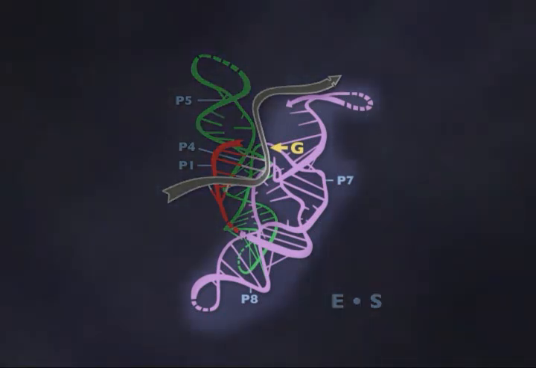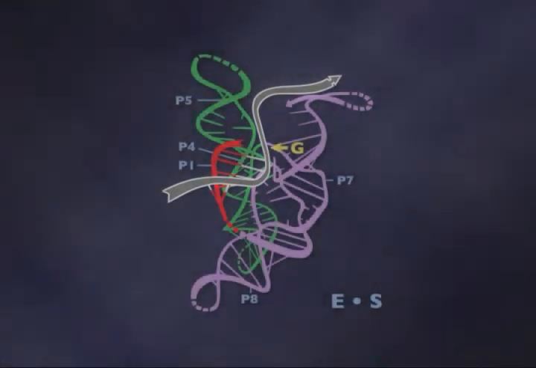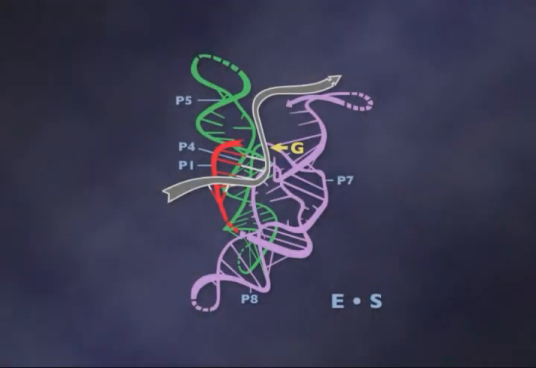The one shown in purple includes, among other features, a binding site for guanosine, and the yellow arrow shows the direction that guanosine attacks. The internal guide sequence is shown as this red strand, and it is base paired by the rules of Watson-Crick base pairing with the RNA substrate, which is shown as the black strand. And you can see that the yellow arrow is pointed to cleave the black strand.